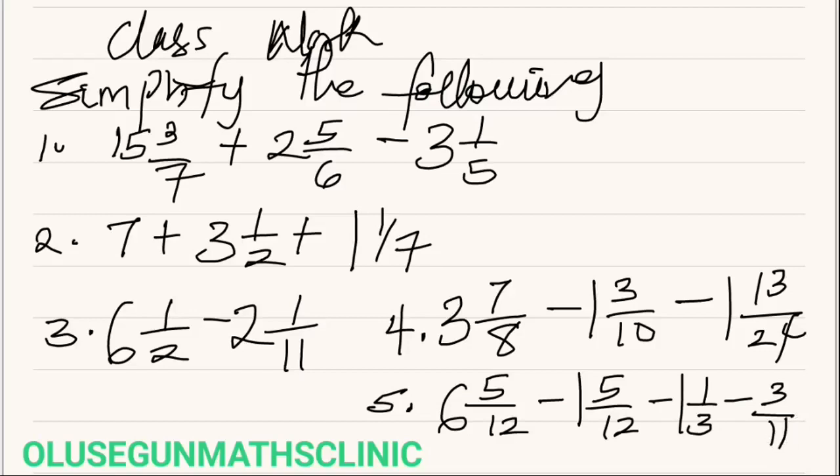The first one is 15 whole number 3 over 7 plus 2 whole number 5 over 6 minus 3 whole number 1 over 5. Number 2, 7 plus 3 and a half plus 1 whole number 1 over 7. And number 3, 6 whole number 1 over 2 minus 2 whole number 1 over 11.